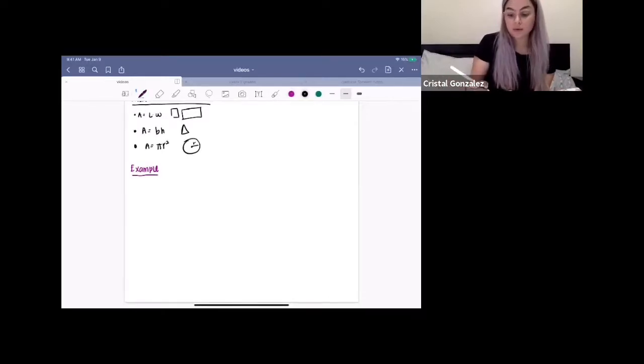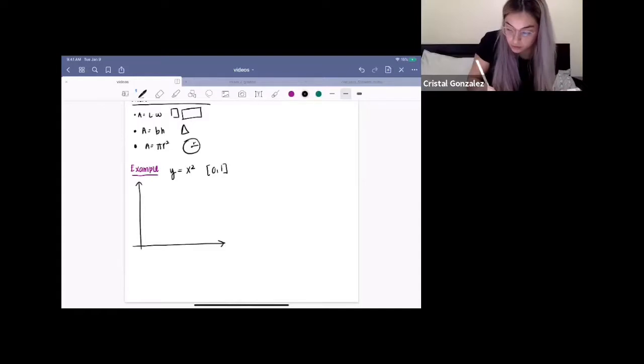For an example, let's say we had the function y equals, or f of x equals x squared, and I want you to find the area between 0 and 1. I want to look at the interval 0 to 1, and I want you to find the area under it. So I'm just going to draw that small interval, and I'm going to draw the function y equals x squared from 0 to 1.